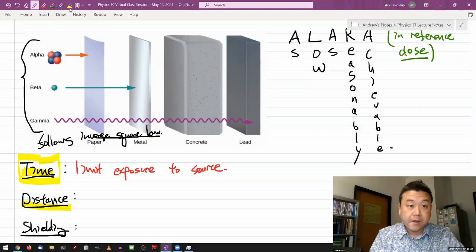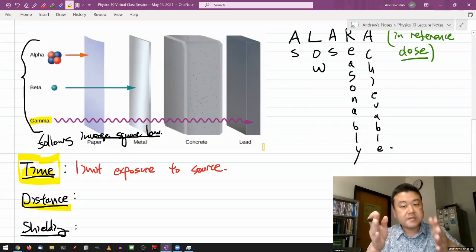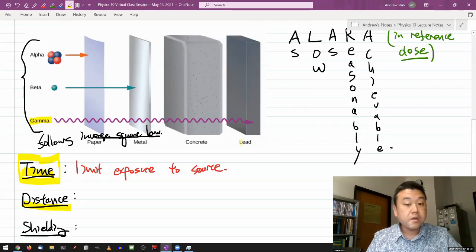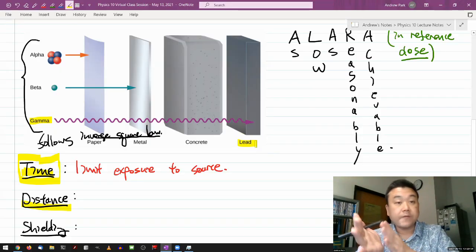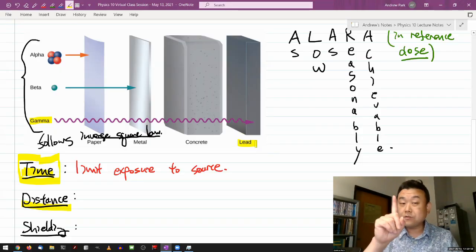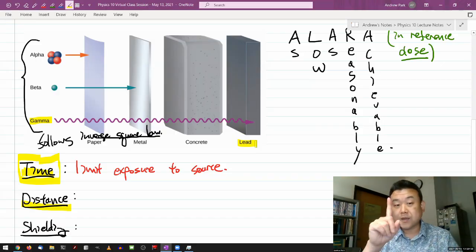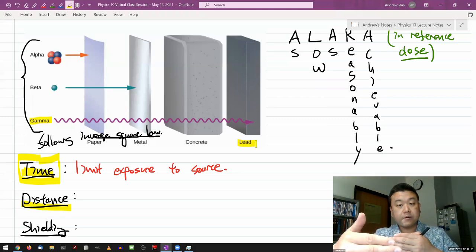So for gamma rays, I was talking about how it takes centimeters and centimeters of lead shielding; it takes at least a centimeter of lead to reduce it by a factor of 10. One way you can easily get a factor of 10 reduction of gamma ray exposure is to increase your distance to the gamma ray source by a factor of 3.